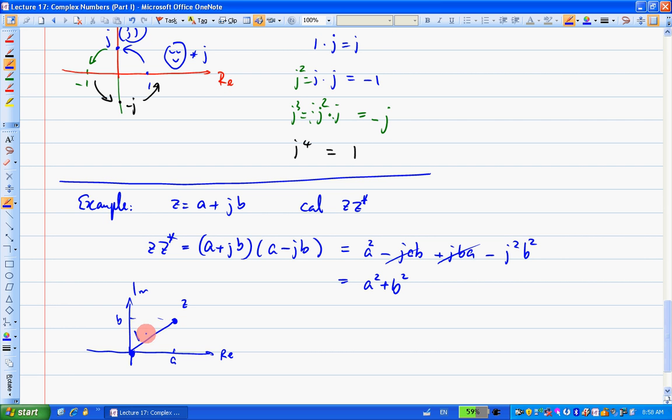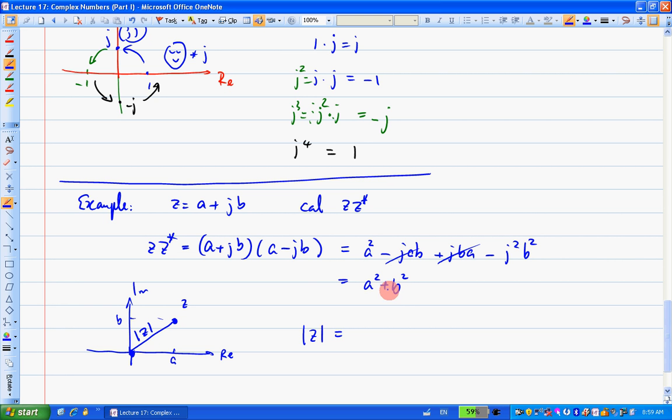Now I'm going to use this symbol here, the absolute value of z. It's just like the absolute value of a vector. The absolute value of z represents the distance from here to here. If I think of this vector, the distance is just the square root of a squared plus b squared, right?